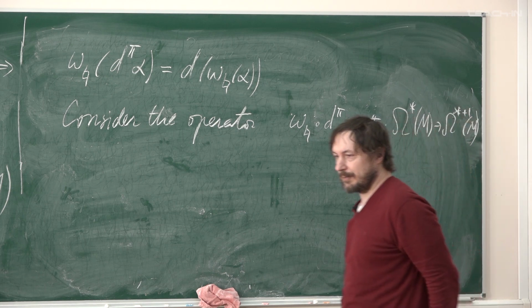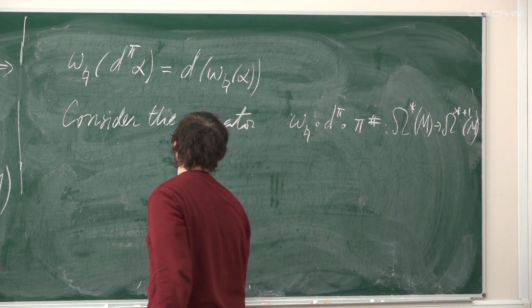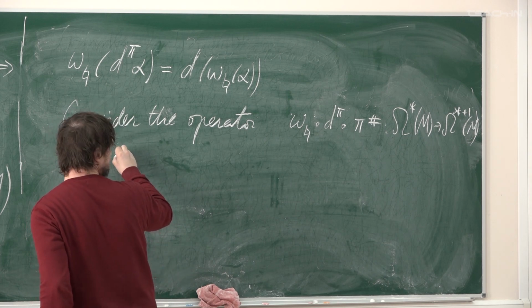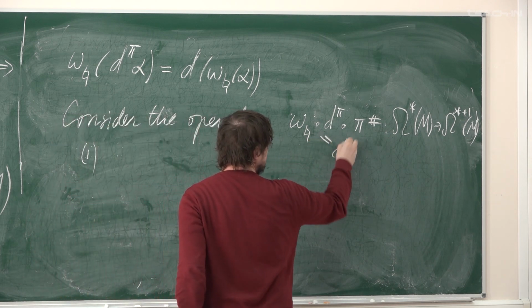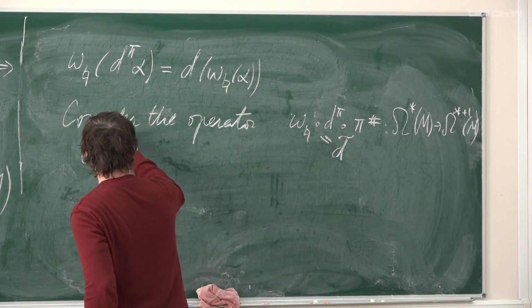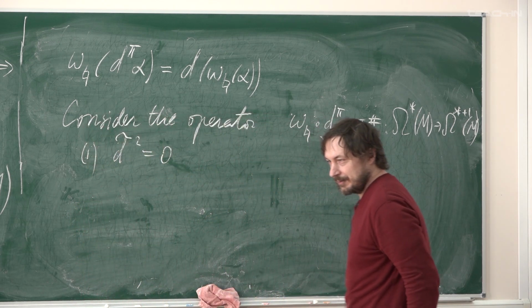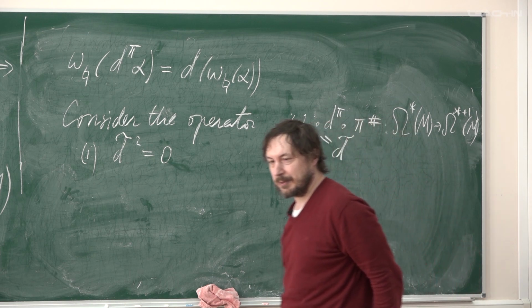And has plenty of properties. So what are the properties? First of all, this operator, let's denote it by d tilde. D tilde square is equal to 0, and that's true because d pi square is equal to 0, right?